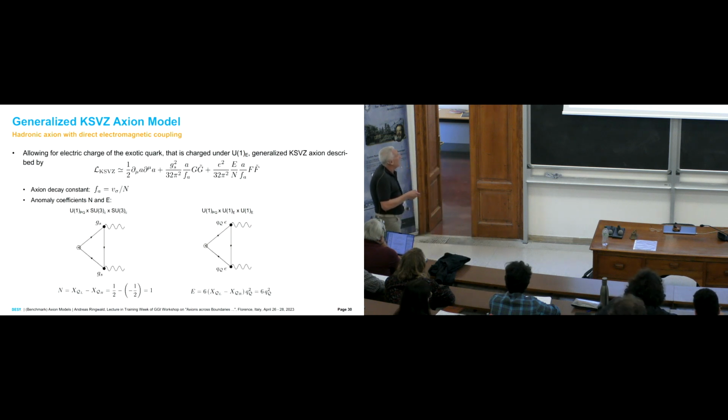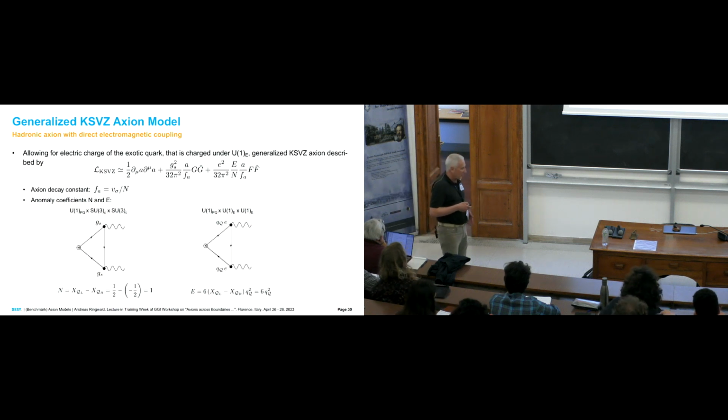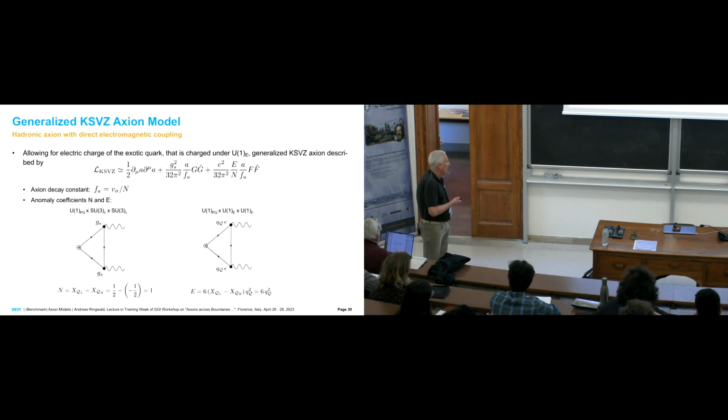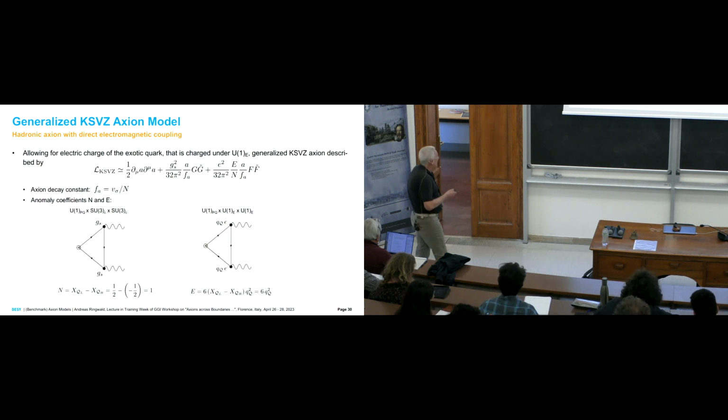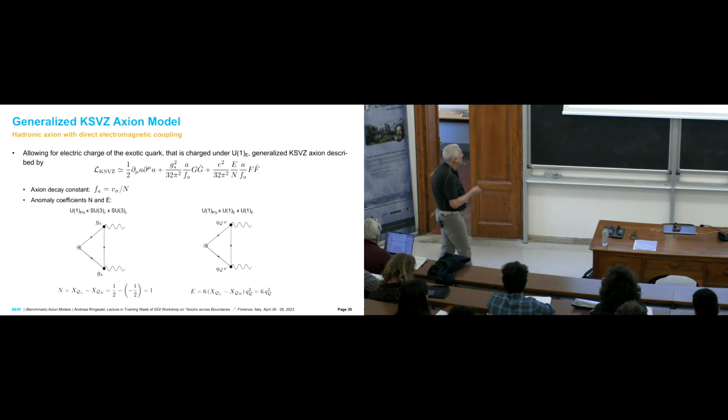and E. Now here in the simplest KSVZ axion model, where this quark is just in a fundamental of SU(3), we get for the factor N, which is the anomaly factor, just the Peccei-Quinn charge of the left-handed minus the Peccei-Quinn charge of the right-handed, and in my normalization it's 1/2.